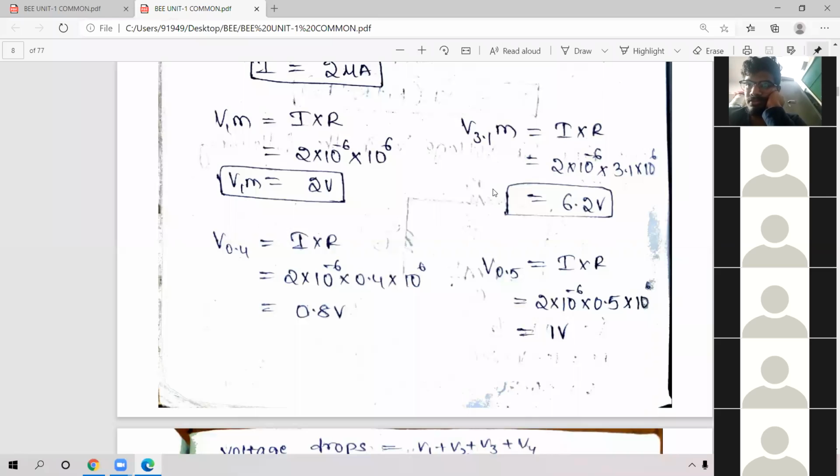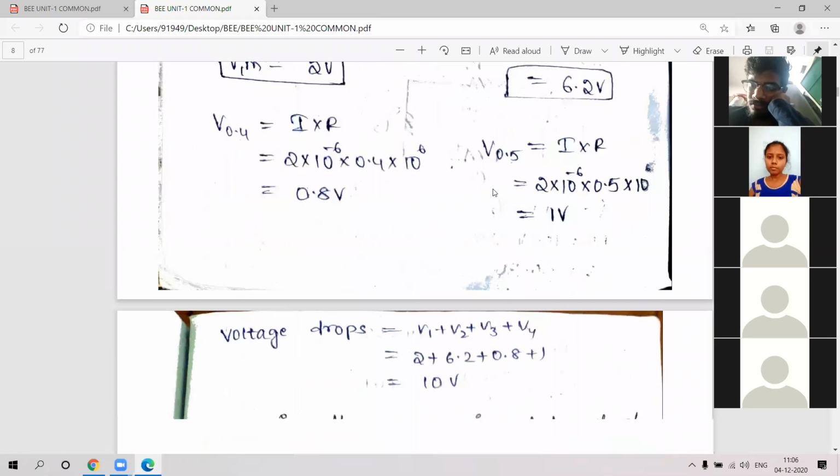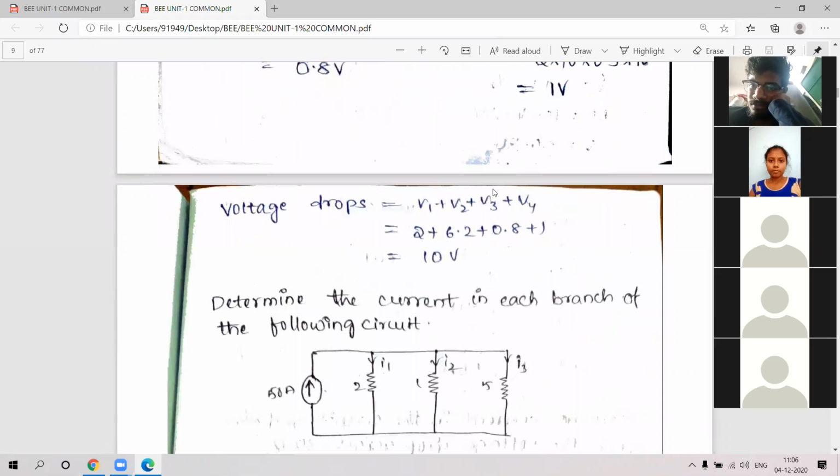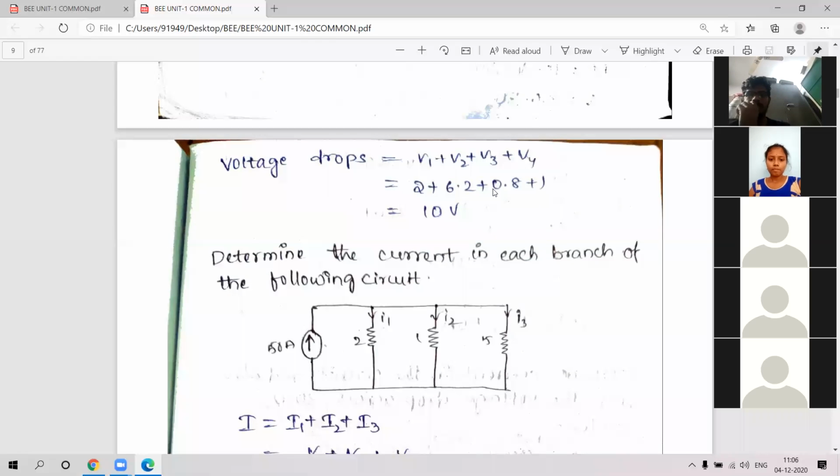How much should you get? 10. So KVL is also verified here: 2 plus 6.2 plus 0.8 plus 1, the total value is 10. Is it okay, everyone? So KVL is verified.